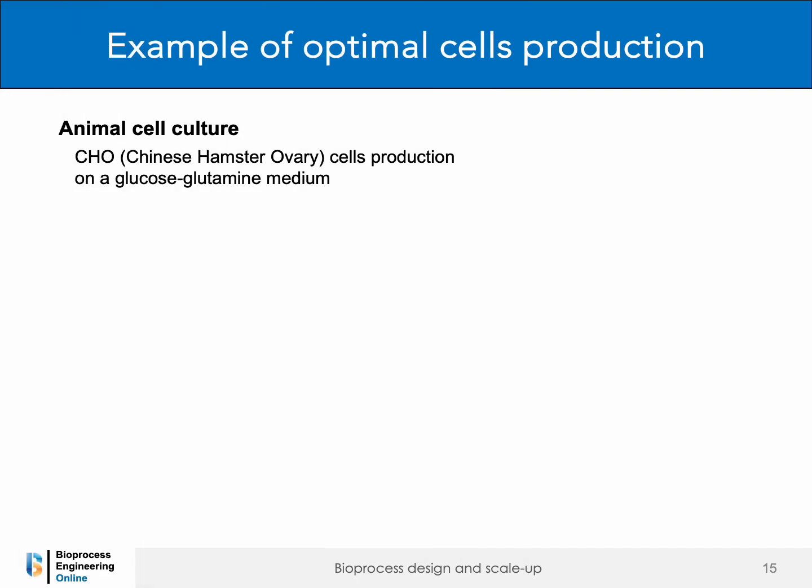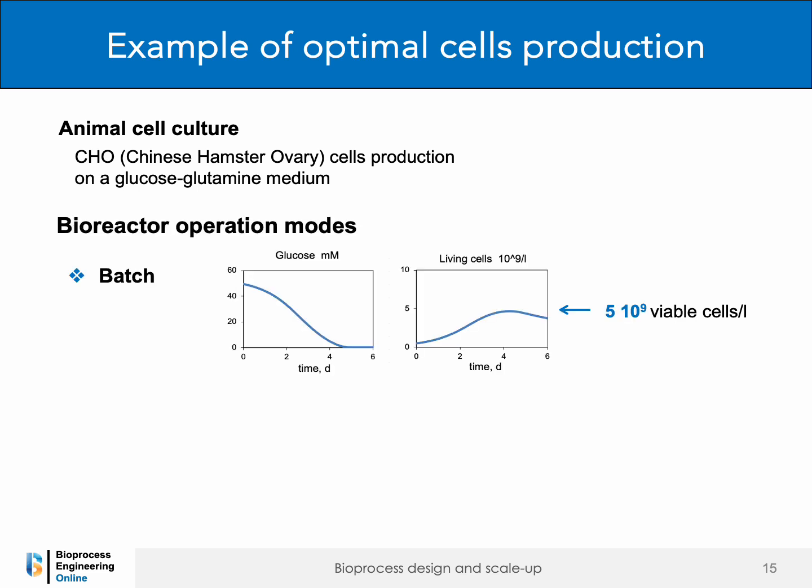A second example highlights the impact of bioreactor operation mode in the production of animal cells. In this case, a stirred bioreactor is employed to propagate CHO cells, using a medium with glucose and glutamine as the primary substrates. When the reactor operates in batch mode, CHO cell growth reaches a maximum concentration of approximately 5 billion living cells per liter after 5 days of culture.